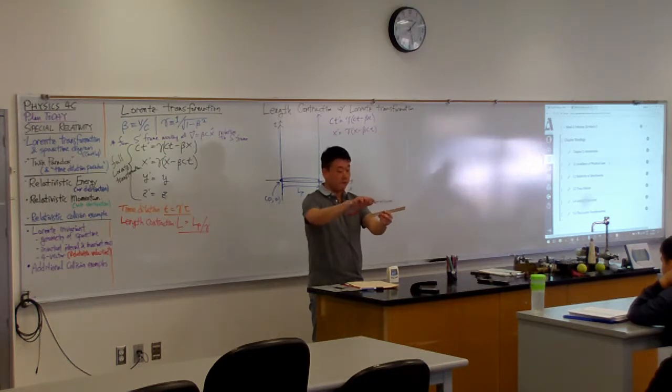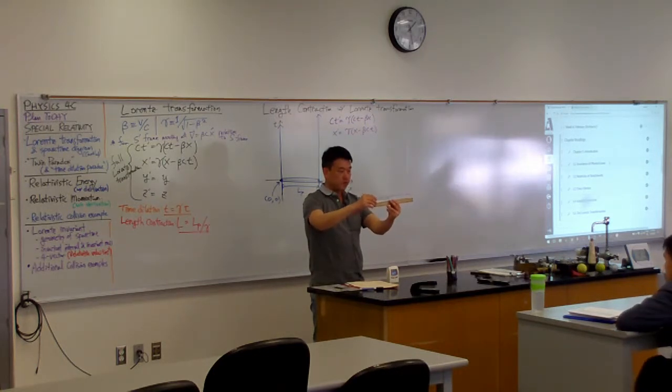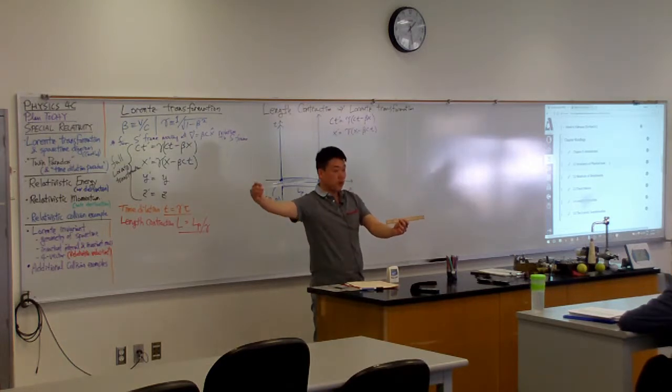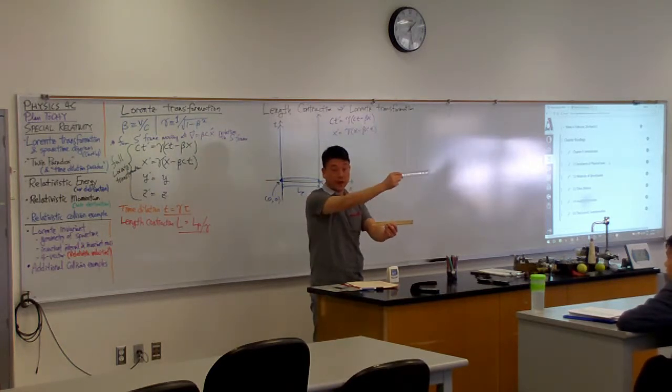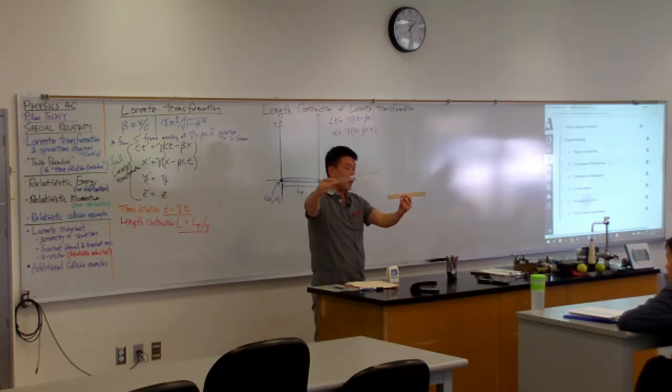If they were at rest, they would be the same length, 12 inches. And when you are making the measurement, this ruler stays with the room. It's at rest. You are zooming by at, I don't know, half the speed of light. And as you are zooming by, you compare these two rulers.